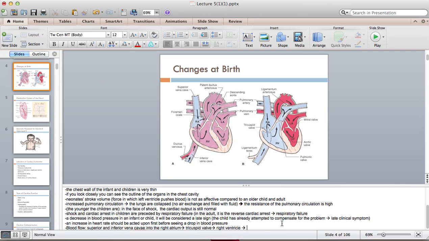So, all right. So in other words, the blood flows from the heart into the right atrium, through the tricuspid valve to the right ventricle, and then it goes where?